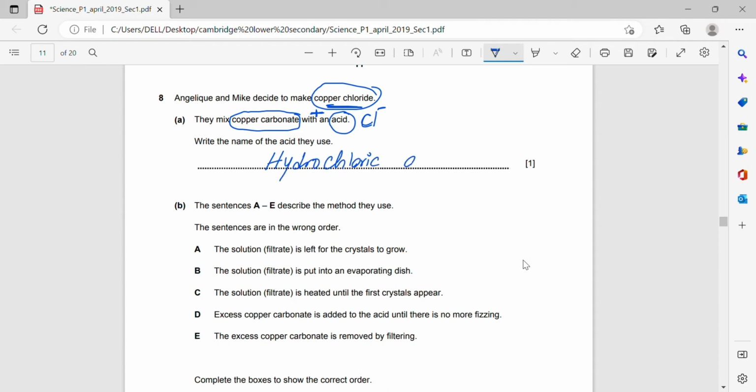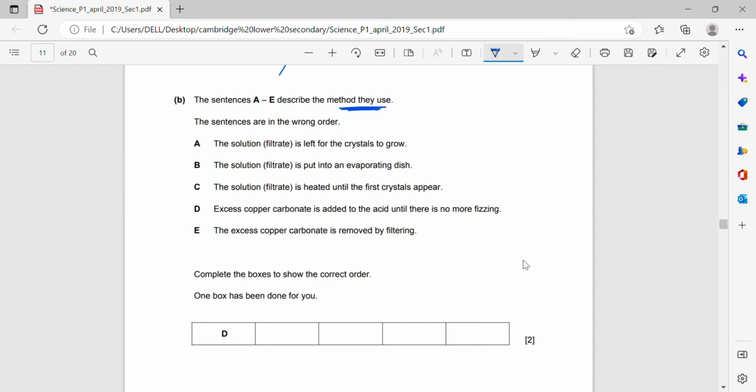Hydrochloric acid. طيب the sentences A to E describe the methods they use. هم عايزين يطلعوا لي copper chloride يبقى هم عملوا ايه وعايزين هنا نرتب ونحط ال letters في البوكس to show the correct order. هو بدأها لي بدي اللي هي ايه copper carbonate is added to the acid until there is no more fizzing يعني الرياكشن خلاص ايه خلصت. طيب بعدها حصل ايه او بعدها عملوا ايه Great. يعني هنا no more fizzing يبقى هنعمل ايه يبقى excess copper carbonate removed by filtering يبقى دي number E. Okay.